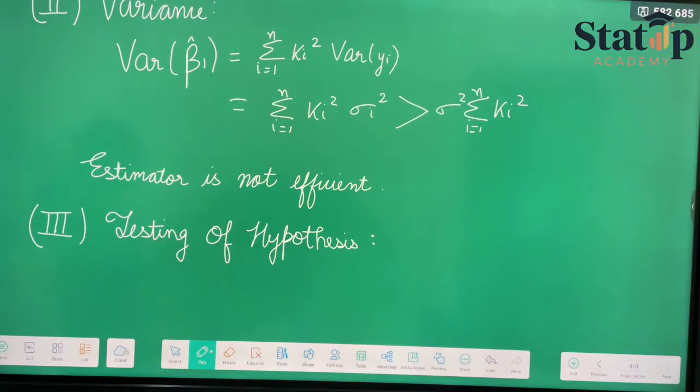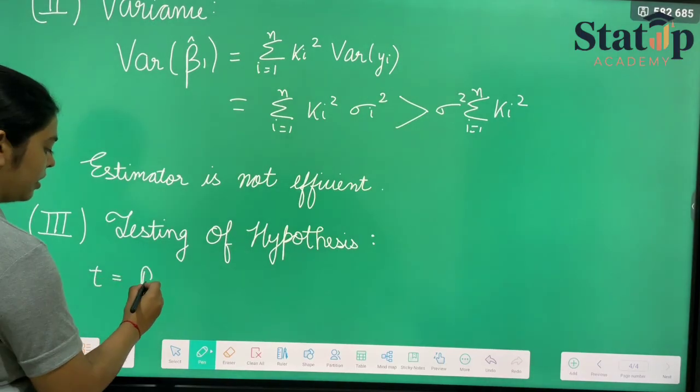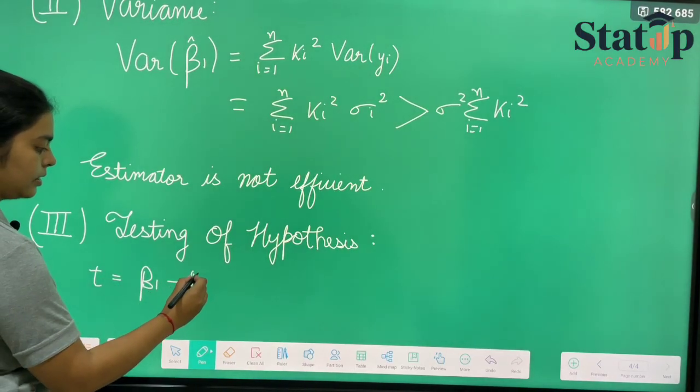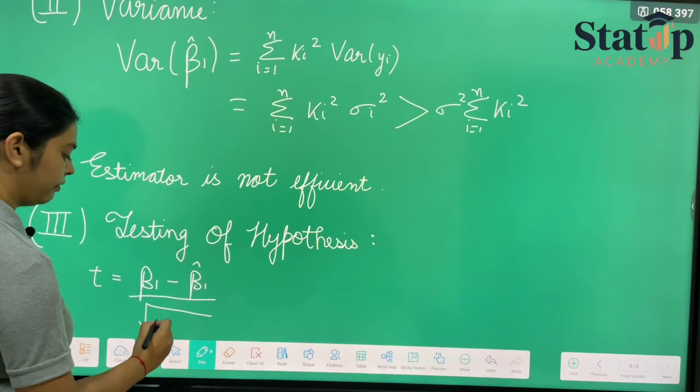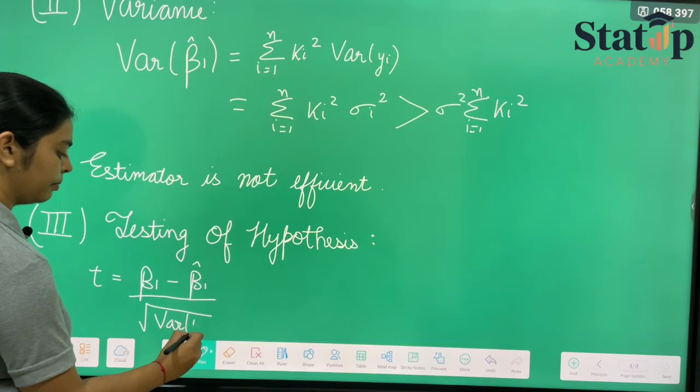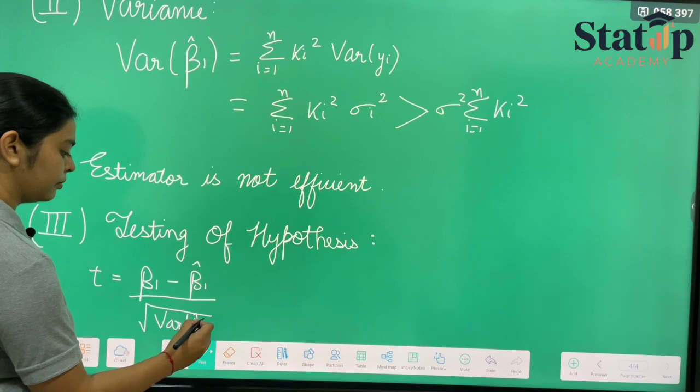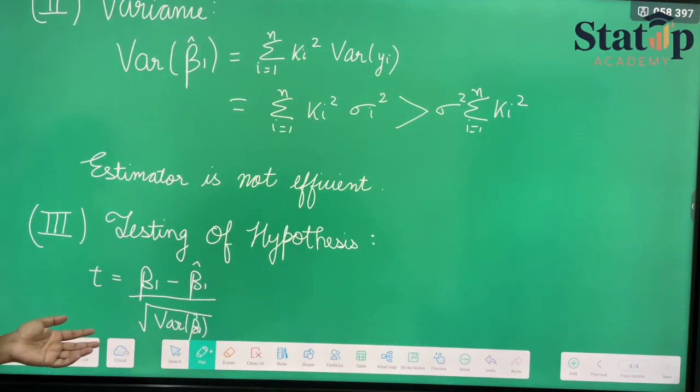Testing of hypothesis. This is the third property. So we know that the t-test is beta 1 minus beta 1 cap upon under root of variance of beta 1 cap. This is the t-test.